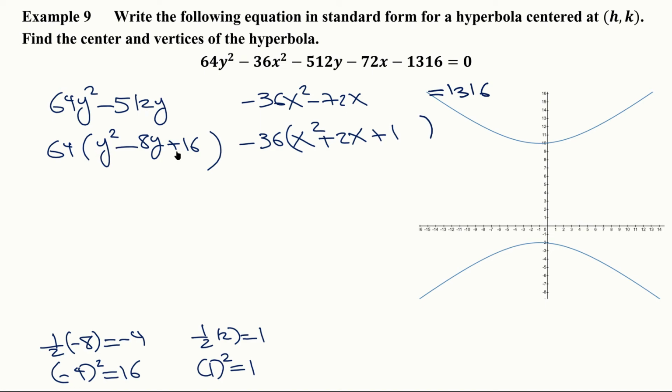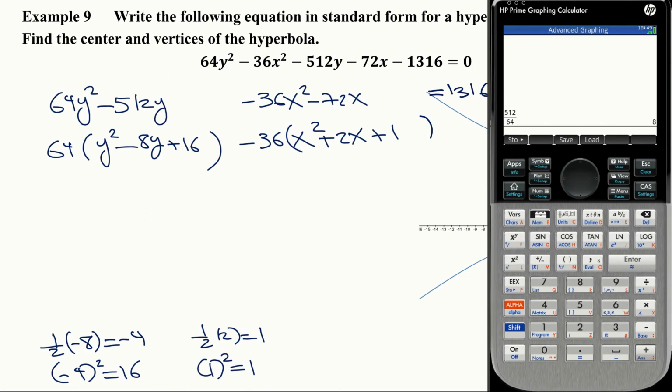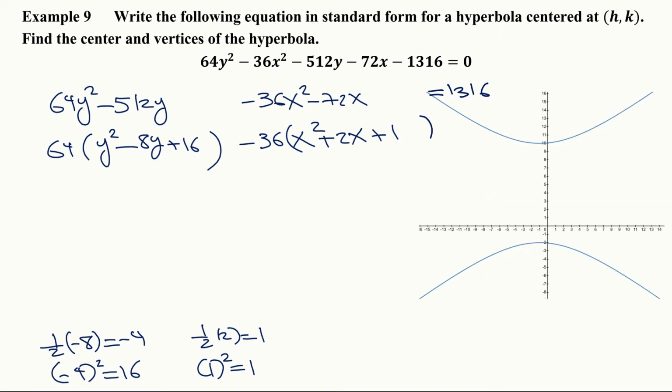Here, I'm not just adding a 16 to the left side of this equation. I'm adding 64 times 16, right? So 1024 is what I'm actually adding, so I need to add that to the other side.